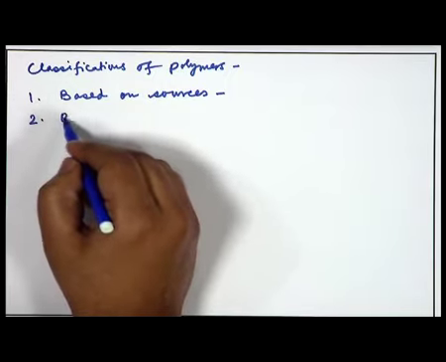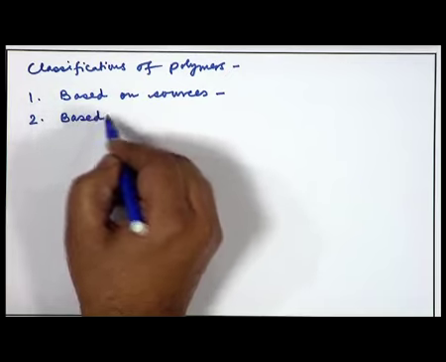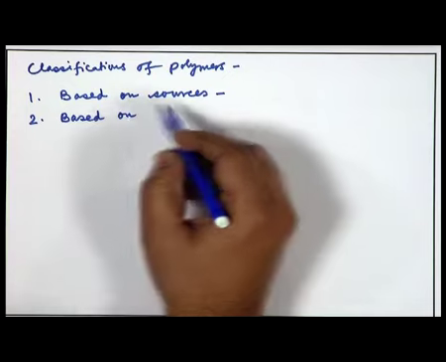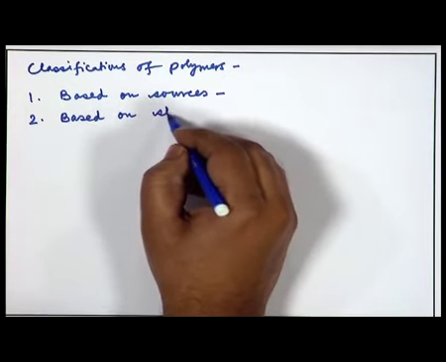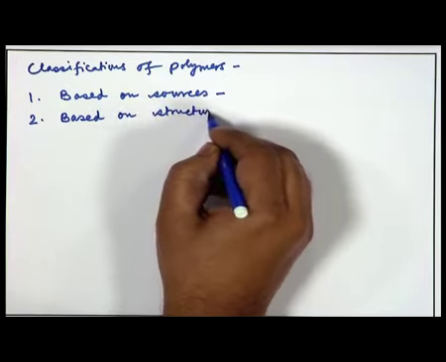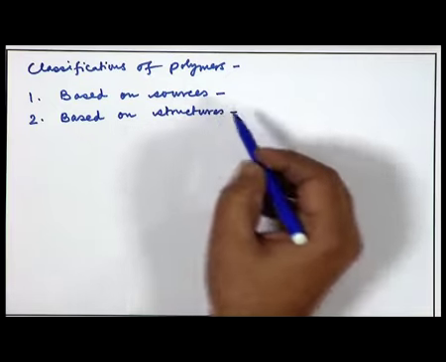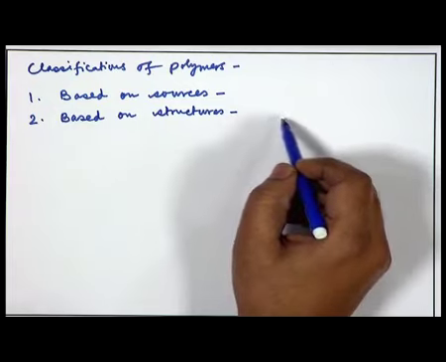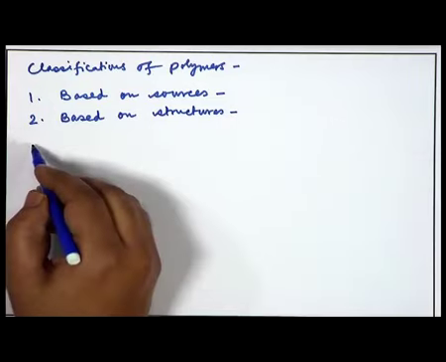Second case we classified polymers based on structures. We talked about linear, branched and cross-linked or network structures.